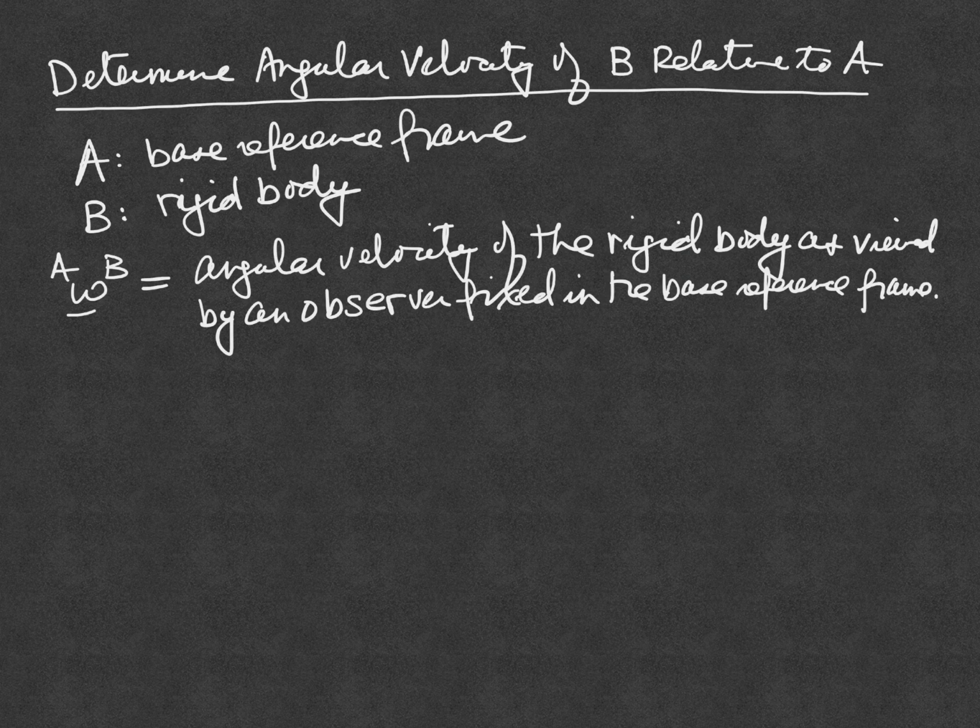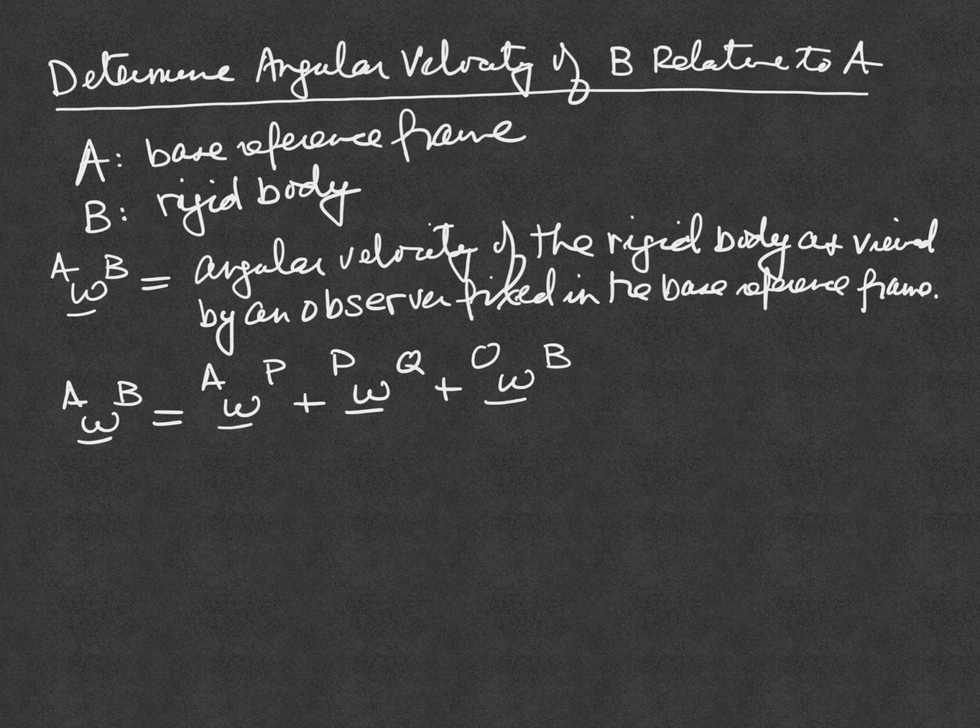So let's go ahead and compute this angular velocity. We know that the angular velocity of B in A, and this is from the addition of angular velocities property, is equal to the angular velocity of P in A plus the angular velocity of Q in P plus the angular velocity of B in Q. We've determined all these angular velocities, so let's write them down.